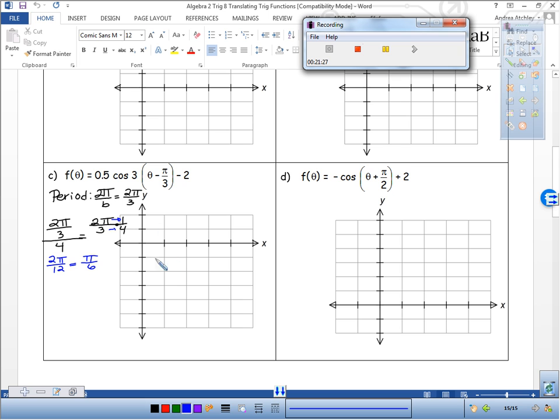Okay. So I'm going to count pi over 6's. Pi over 6, and then 2 pi over 6 is pi over 3, and then 3 pi over 6 is pi over 2, and then 4 pi over 6 is 2 pi over 3, and then 5 pi over 6.